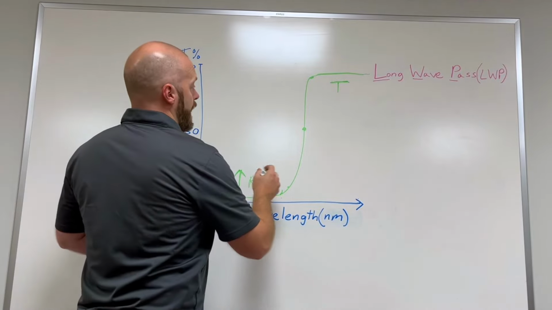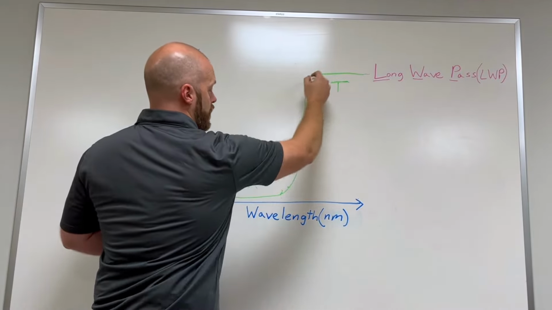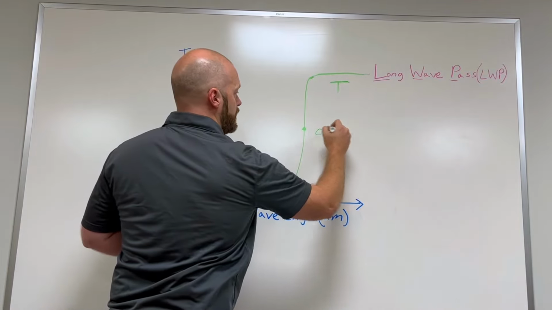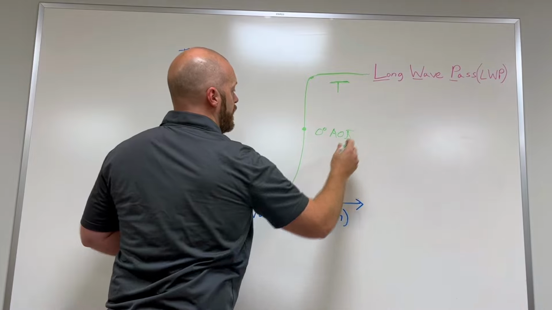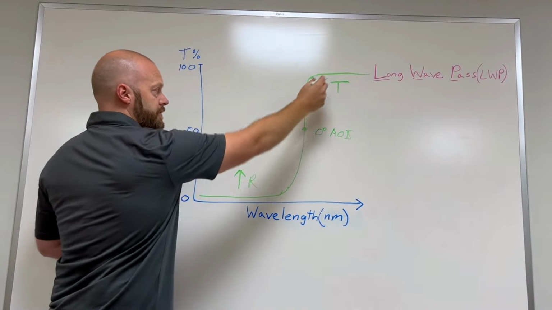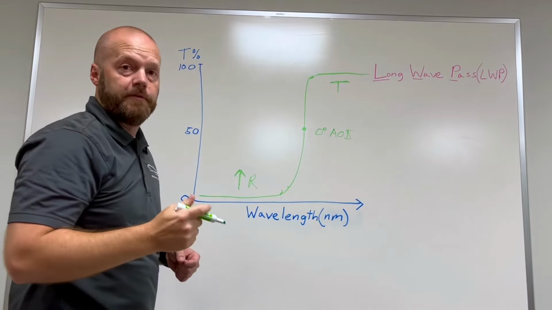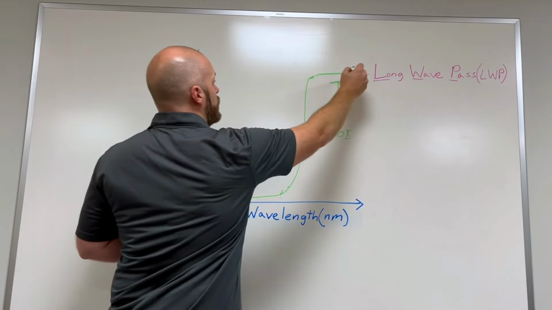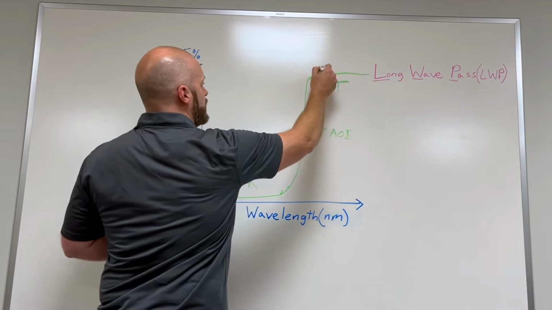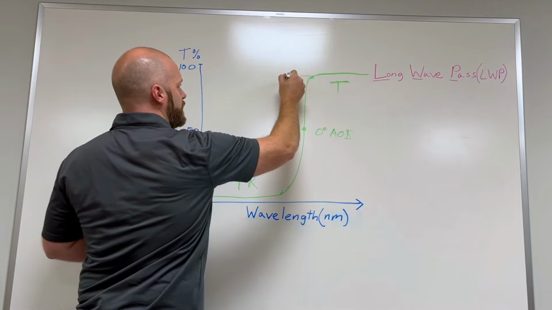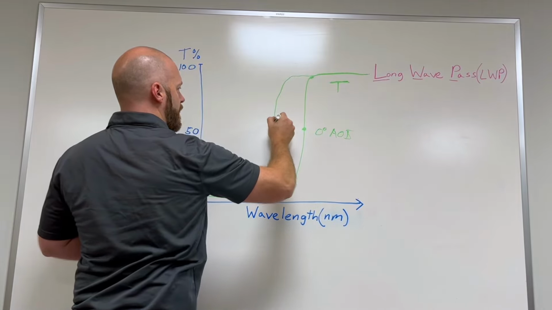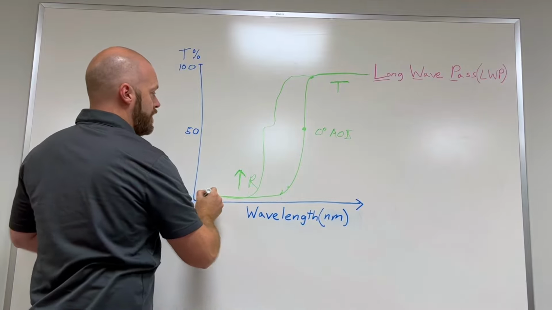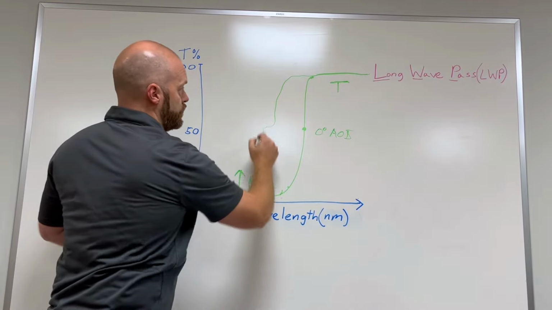So if this is the curve at a 0 degree angle of incidence, if we start to look at this curve at 45 degrees, which is a typical angle to use, this is what happens. You'll get a downward shift in wavelength, and you'll get a hitch, is what we call it right there. And this transition region will widen.